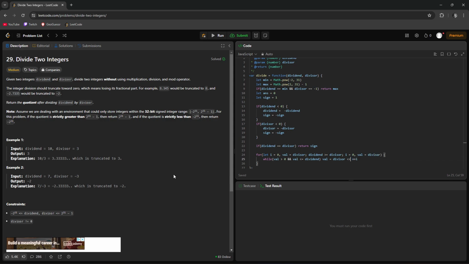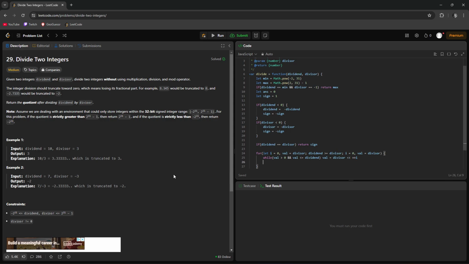Using this bit shift by the value of i, that way we get the maximum value we can subtract from the dividend. And then the dividend, we can subtract the divisor shifted by i minus 1.